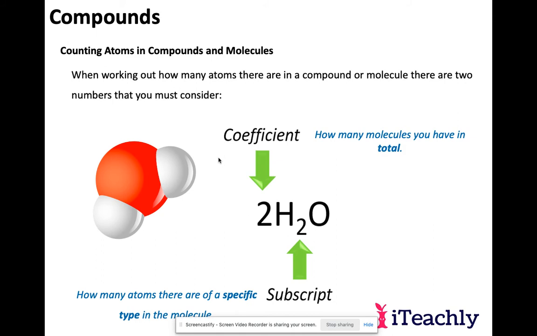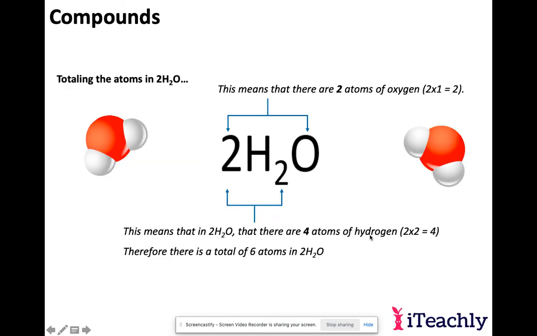So there's two words here. One is the coefficient. The coefficient is the number in front, and the number in front tells you how many molecules or how many compounds there are of the substance. And then the number behind it, this little small number in the subscript position, tells you how many atoms of that substance there are.